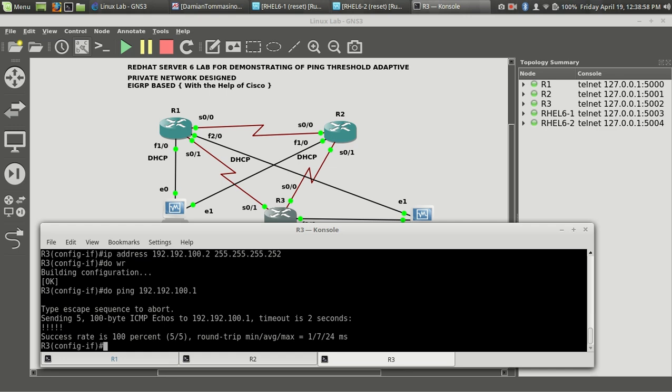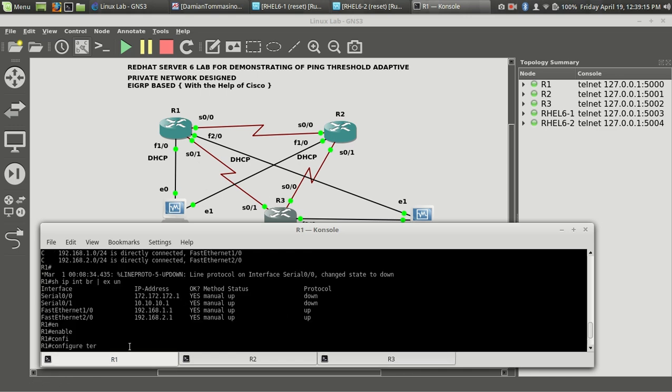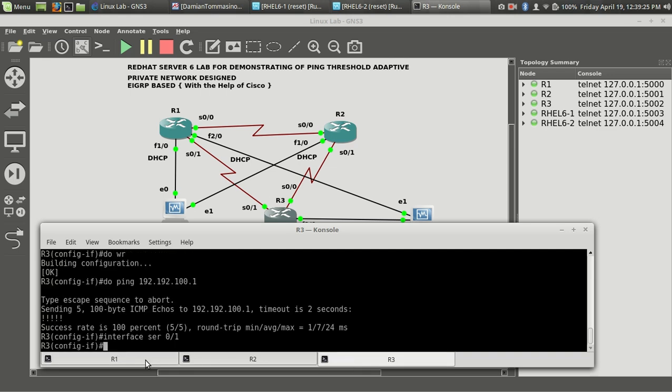Fine, good. So my next interface is FastEthernet 0/1. What is my IP over 0/1 from router 1? This is router 1, interface 0/1. IP address 10.10.10.1, I think it is a 24-bit.